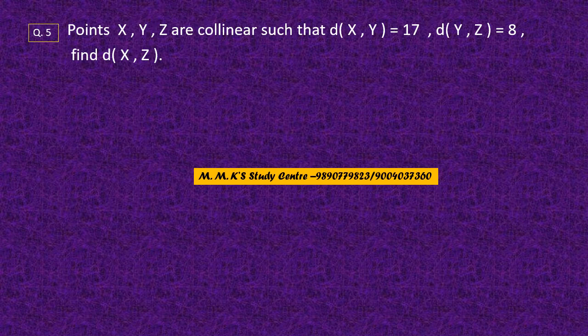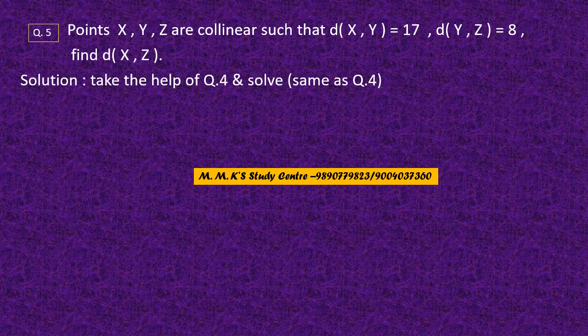In such cases, we have to show all three possibilities like the previous sum, which is like question number 4. So I will ask you to solve this sum with the help of question number 4. It is the same, only the alphabets and the numbers will change. Find the answers and let me know what you are getting.